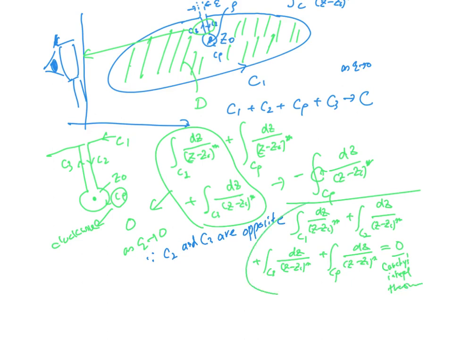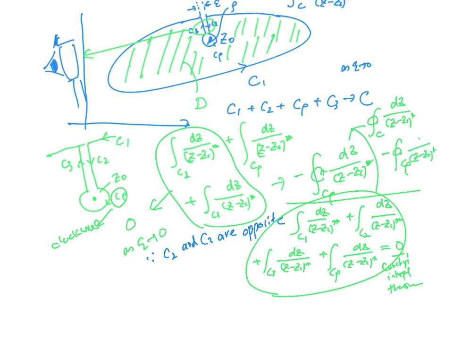But then C2 and C3 are already 0, right? And C1 becomes closed. Minus 0 equal to 0.